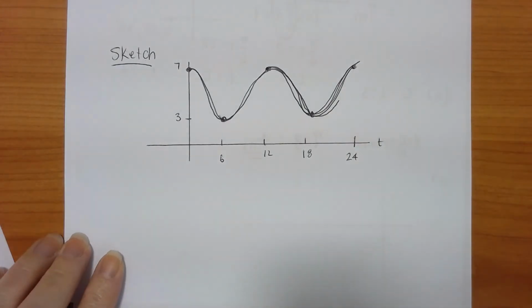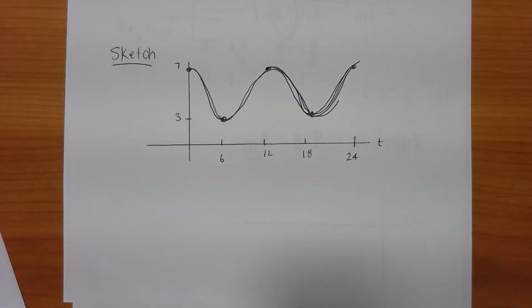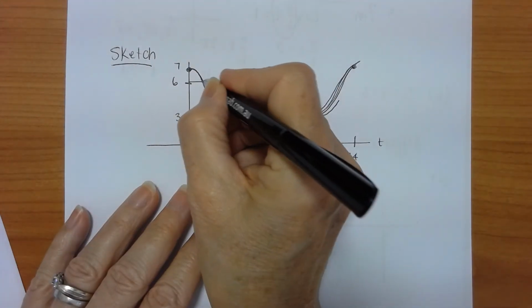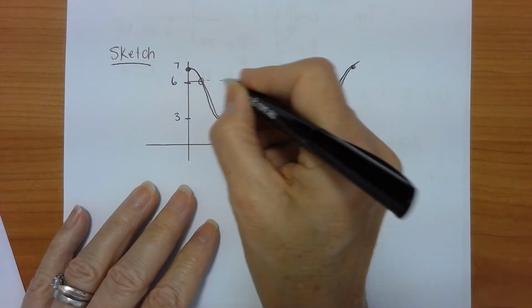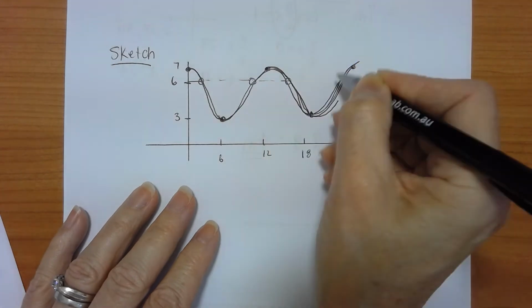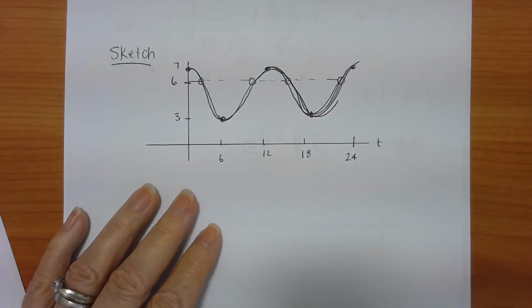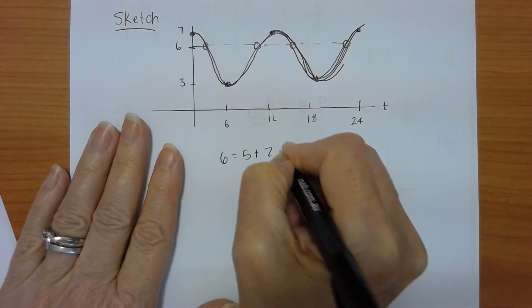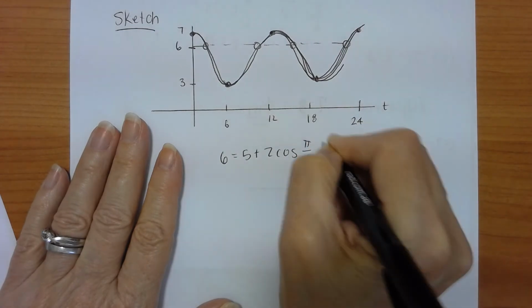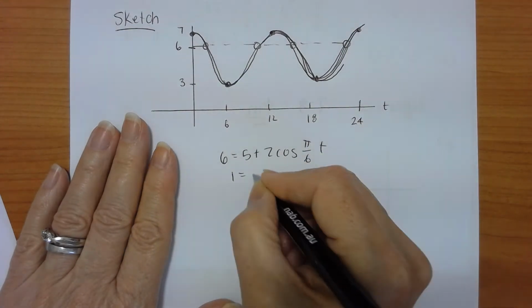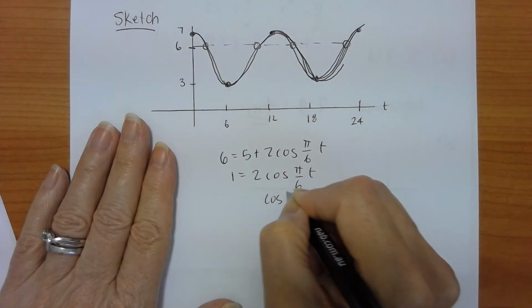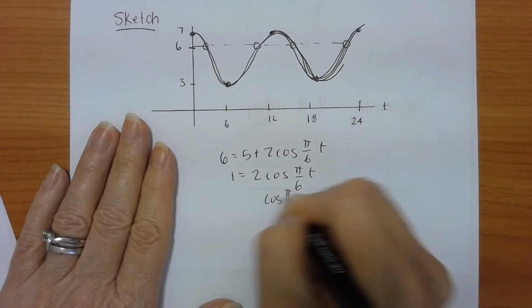And then the next question, I think they say that John North needs to have 6 meters to get in, and they ask between what times of day can he get in the harbor. And so that's another equation I have to solve, which is 6 equals 5 plus 2 cos pi/6 t. So 1 equals 2 cos pi/6 t, and so cos pi/6 t equals 1/2.